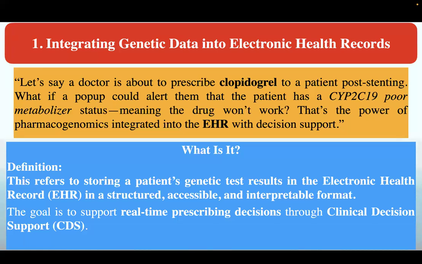I hope now you have the whole concept clear in your mind. We already discussed the challenges in this aspect, right? For that we require a very good database to store a large amount of data. Also there is a privacy issue, ethical issues, and some legal issues as well. So it is not as easy as it seems. So basically it is storing patients' genetic results data in EHR in a structured, accessible and interpretable format.